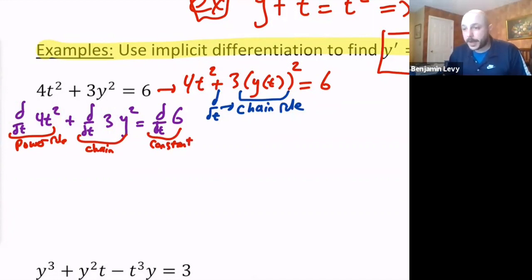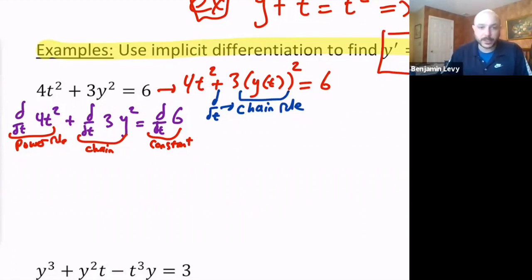And it has to do with the fact that we're doing d over dt, right? So this is where the notation comes in and is important. We're differentiating with respect to t. And so for t squared, it's just a power rule. But when we do d over dt of y, y has a t in it that we can't see. And so that's where it becomes a chain rule. We're differentiating a function at that point, right?